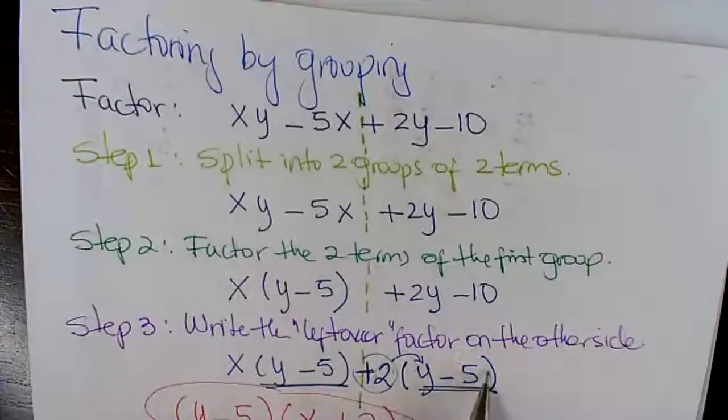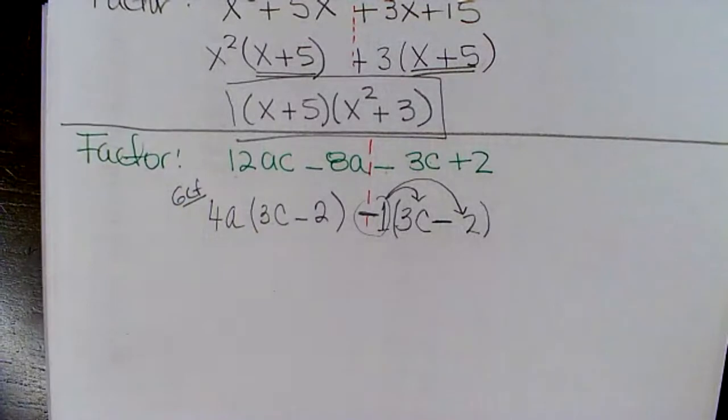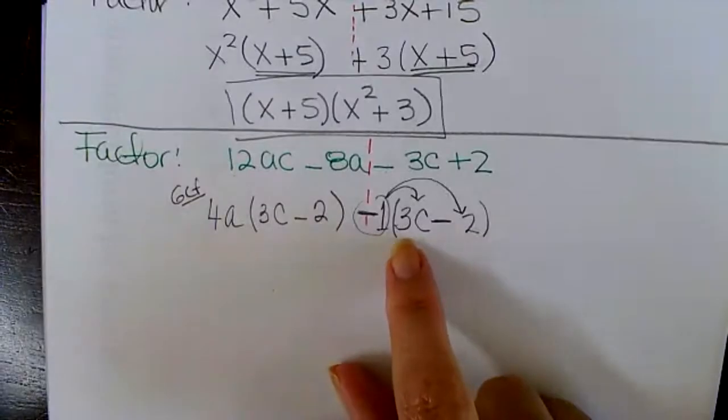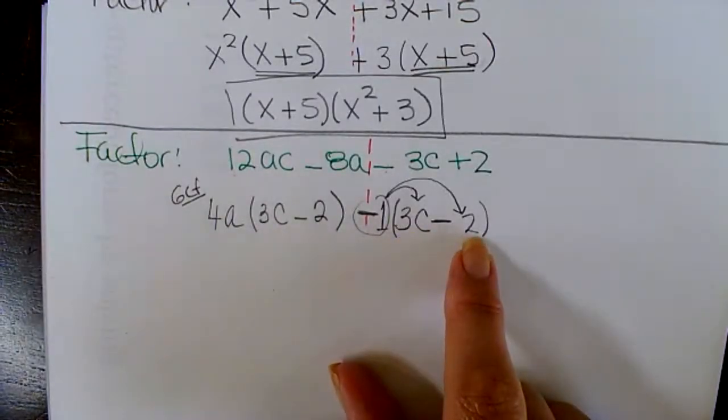And I said when we multiply, we need to make sure we get the same signs. So wouldn't it be negative 3c? It'd be negative 3c, 2, right? What is inside of the parentheses will be 3c minus 2. But why wouldn't the negative sign go to the 3c?